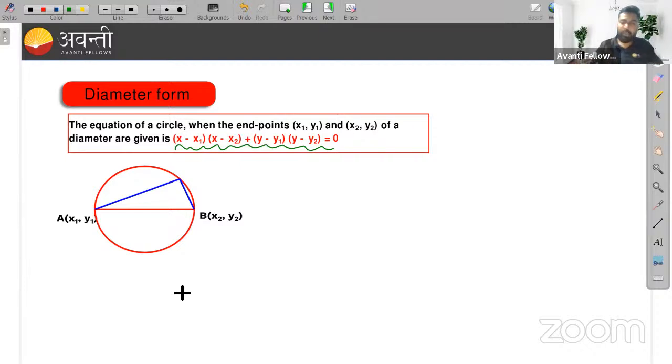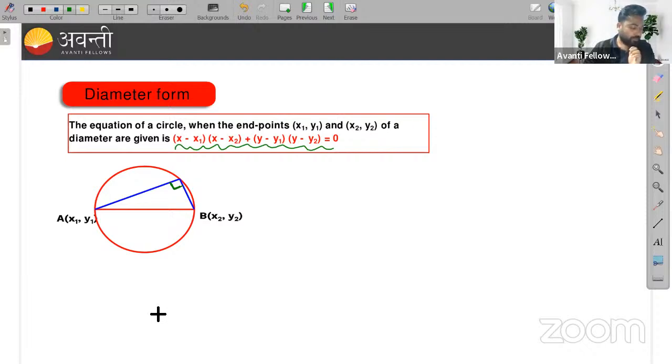So how does this come about? We know that when we draw two chords in a circle from the ends of a diameter, meeting at a single point on the circle, the angle between them is 90 degrees. Is that clear?